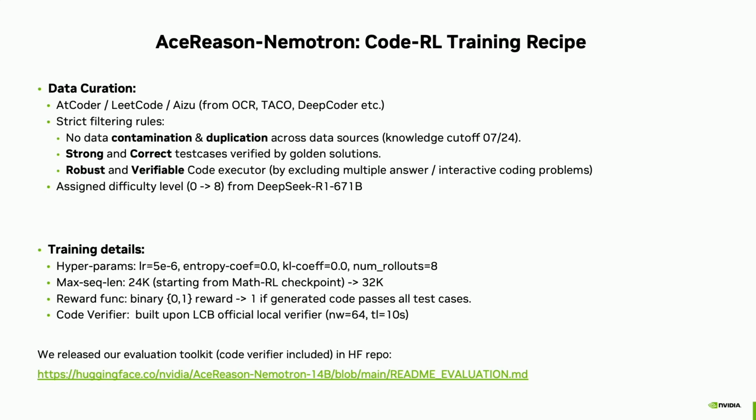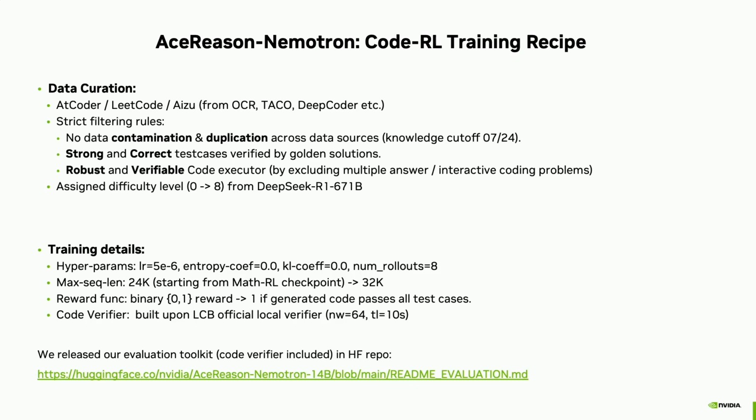So we developed our own code verification tools beyond the LiveCodeBench default ones to make sure the evaluation results are accurate. We also exclude code instances with multiple answers or interactive problems that are hard to verify. And we assign difficulty levels from 0 to 8 to our RL training instances using a frontier large language model.